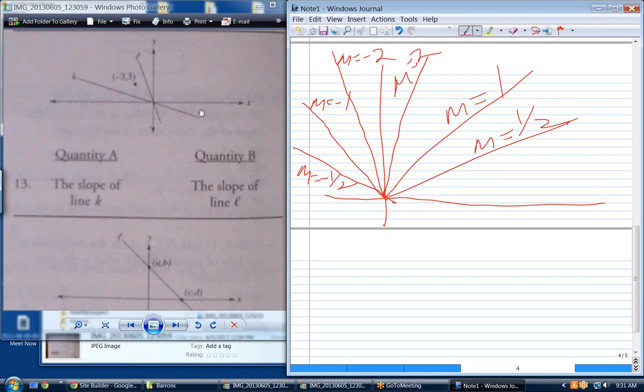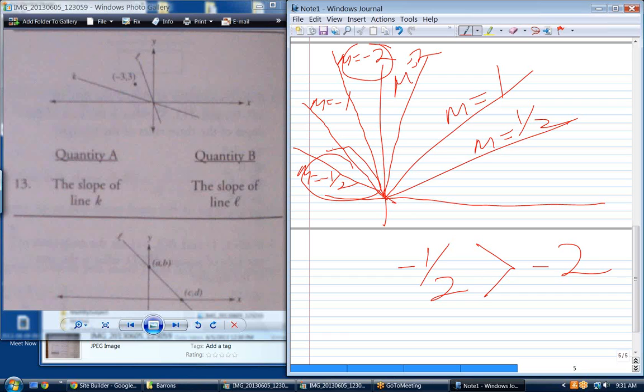So what of the slope of K compared to the slope of L, which is the bigger number? K would be larger because it's -1/2, not -2. There's K. Oh, okay, 1/2. And that's -2. So you're absolutely correct. -1/2 is greater than -2.